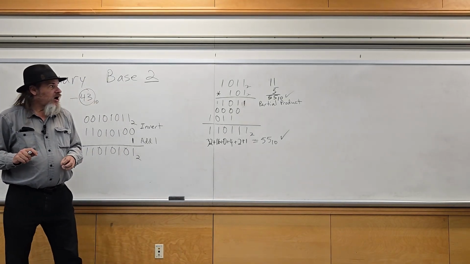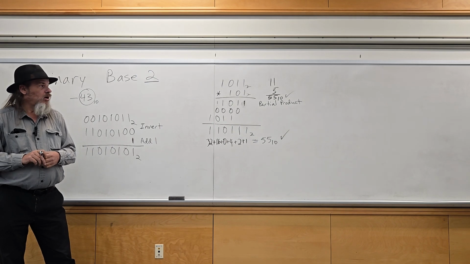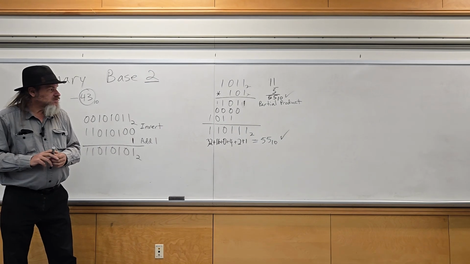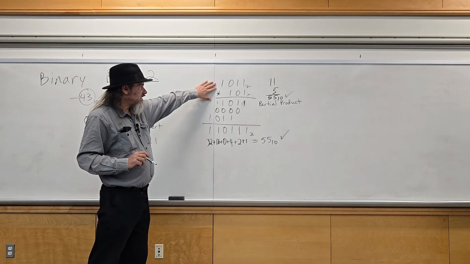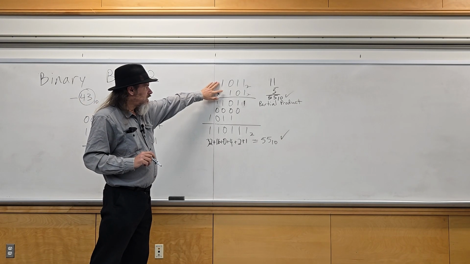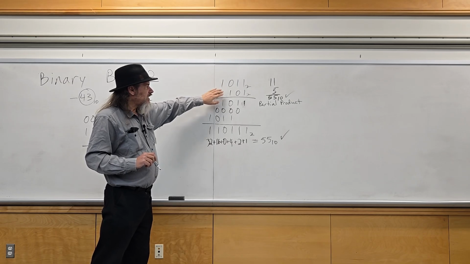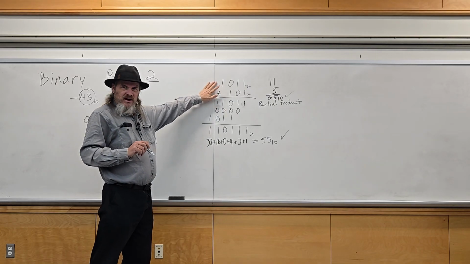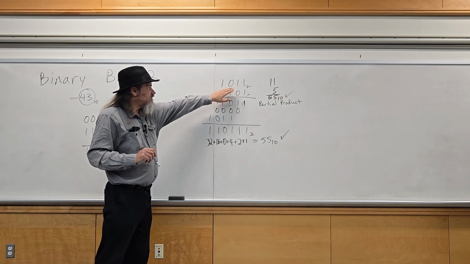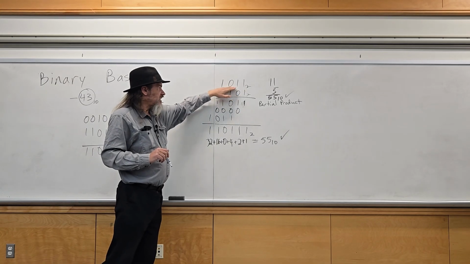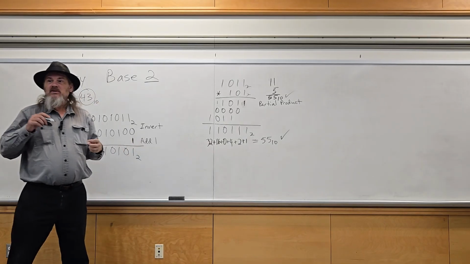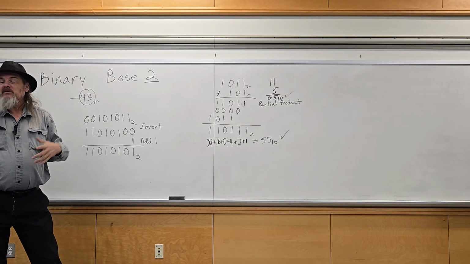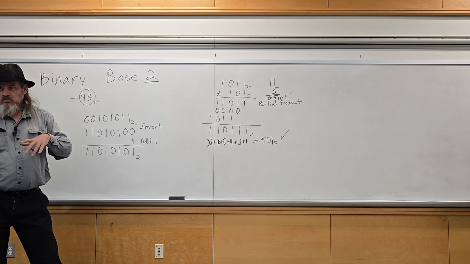No. Generally speaking, the largest number that you're going to get from multiplication is going to be the same number of bits as the total of each factor. So there's 4 bits here, 3 bits here. Your answer is going to be 7 bits or less. If you have more than that, you did something wrong.